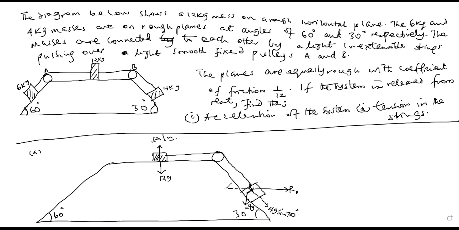Then here, this force will be, use a ruler strictly. This force is going to be 4G cos 30. If this is my reaction 2, I'll call this one here reaction 1. So you have a pulley.